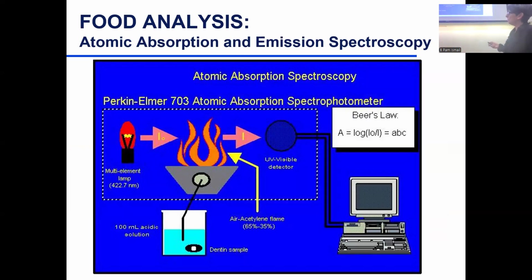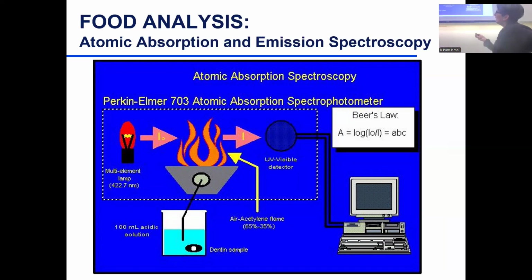So here's the sample compartment. Here's the tube. Here's the nebulizer. And here is where you see a flame. Your sample has your elements in a molecular form dissolved in the solution. They go up here into the flame. The bonds will break. Solvent will evaporate. And then now you have atoms in the gaseous form that are neutral.